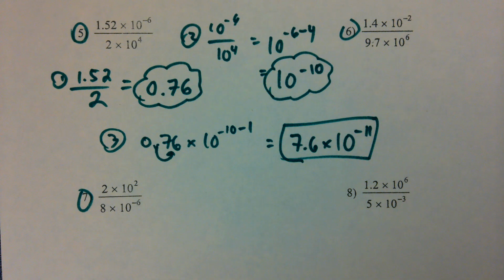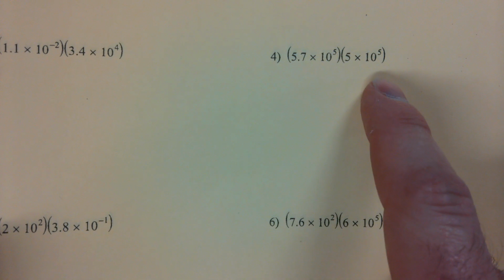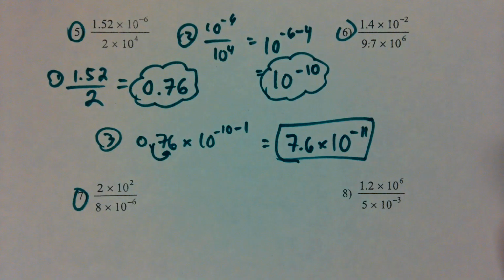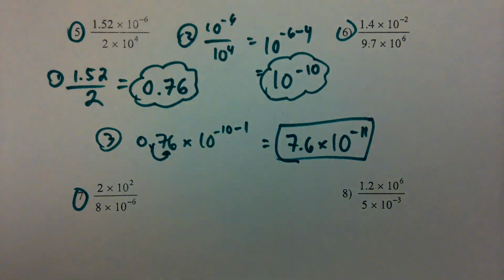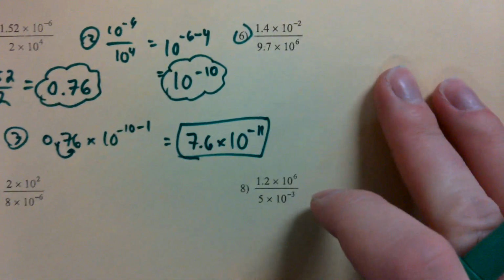So if we were multiplying, like this, then we add 1. When we're dividing, we subtract 1. Multiply and add, those are both like positive terms. Divide and subtract, those are both negative terms. Okay?